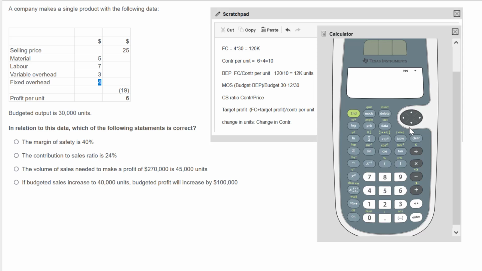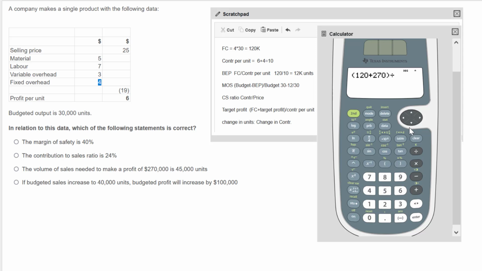This third one here, the volume of sales needed to make a certain profit, is very similar to a break-even point calculation. We're going to work in terms of contribution per unit. First thing we need to do is sell enough units to cover our fixed costs, which is 120,000. After we cover our fixed costs, we want enough contribution to put 270,000 in our pockets.